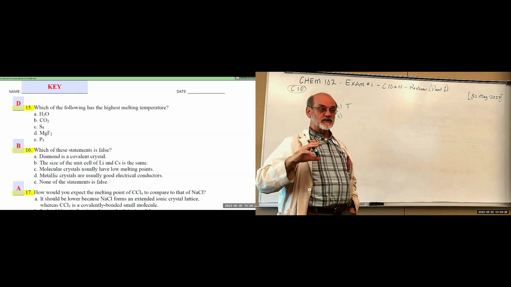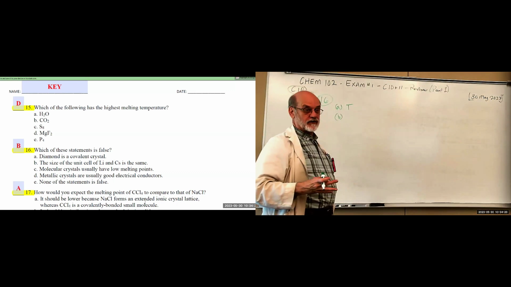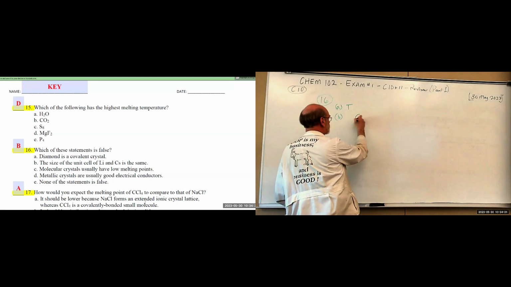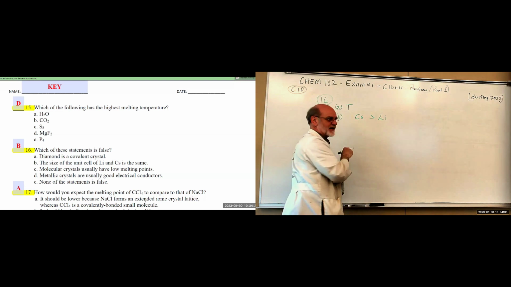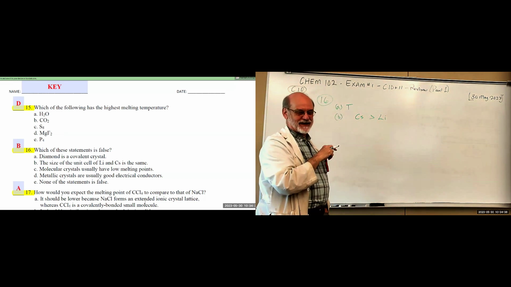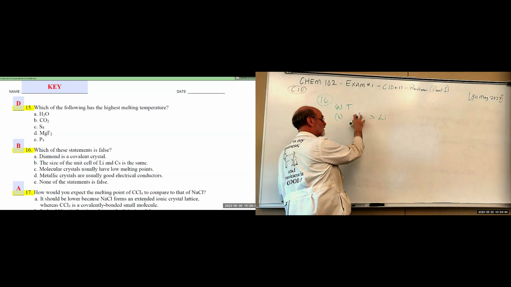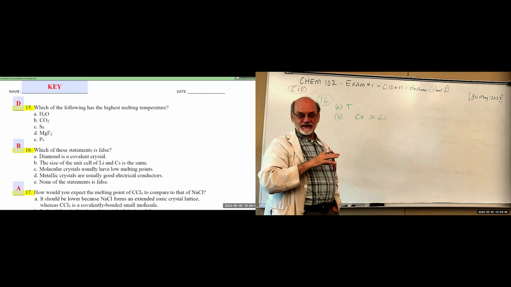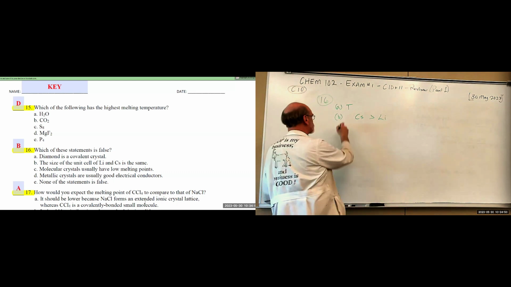So when you form them into a crystal, the unit cell has to be bigger for cesium. The cesium unit cell has to be bigger than lithium simply because the cesium atoms are huge. Right? You can't pack them close enough. Packing model, right? You have to make accommodation for the size of the balls. And the cesium balls are a whole lot bigger than lithium balls. So this one is false.